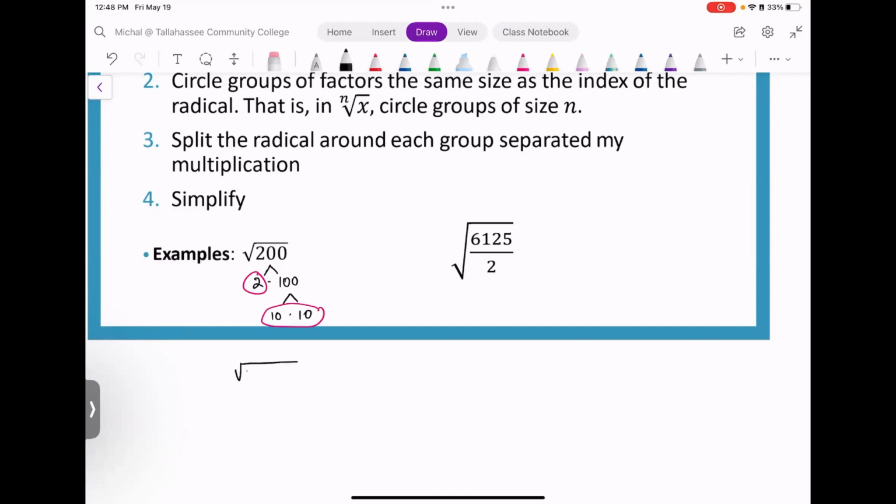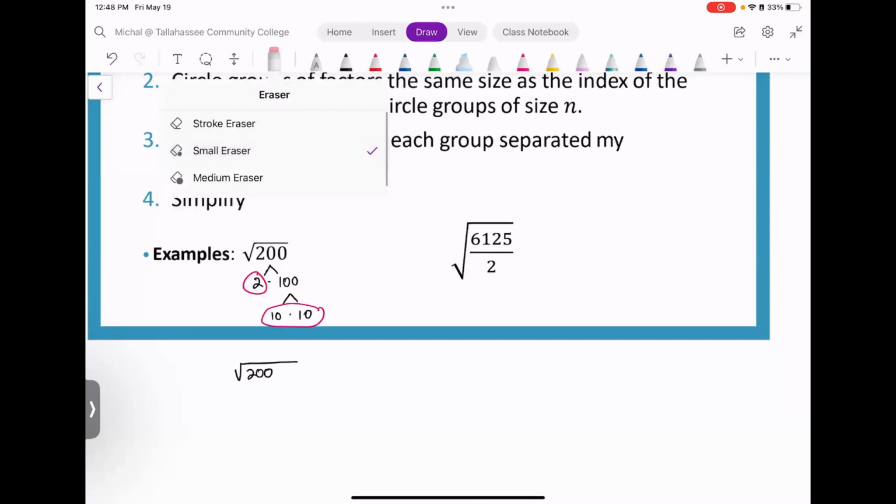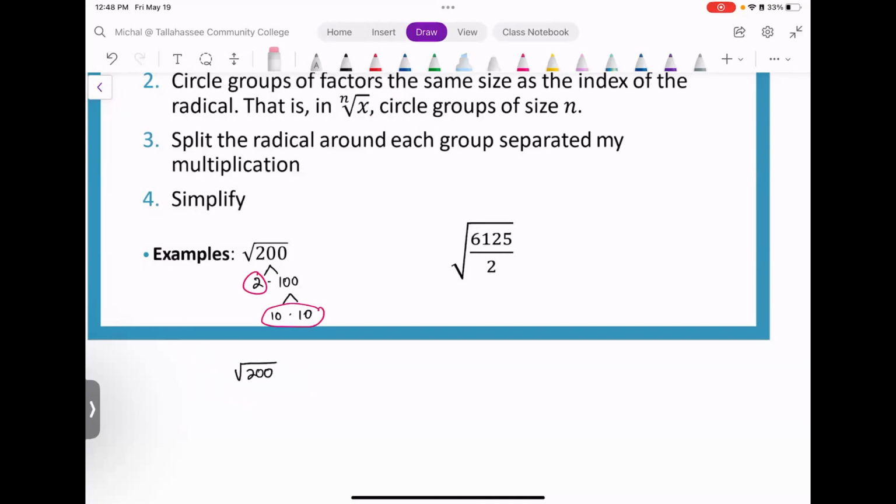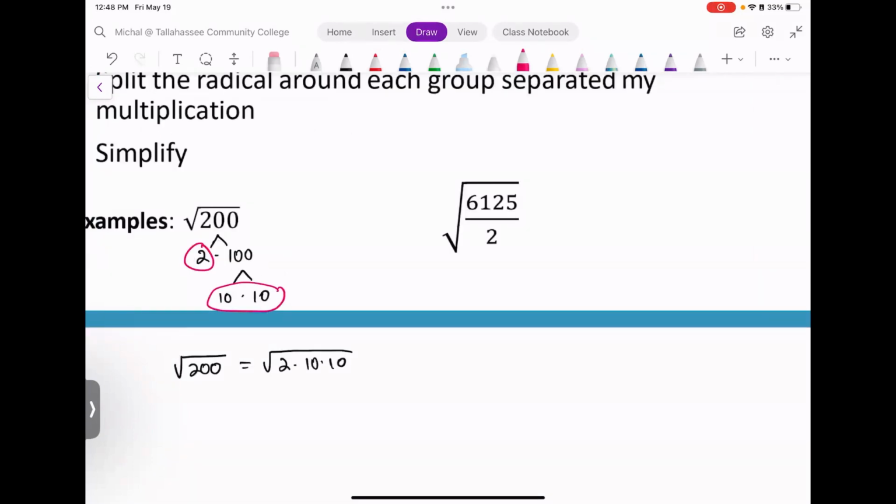Square root of 200 can be written as square root of 2 times 10 times 10. I'm now going to split my radical around multiplication. What I want to do is look for groups of square factors.